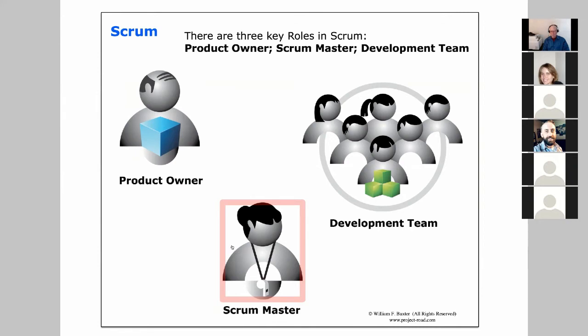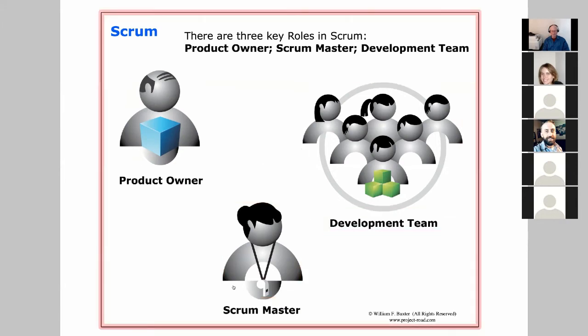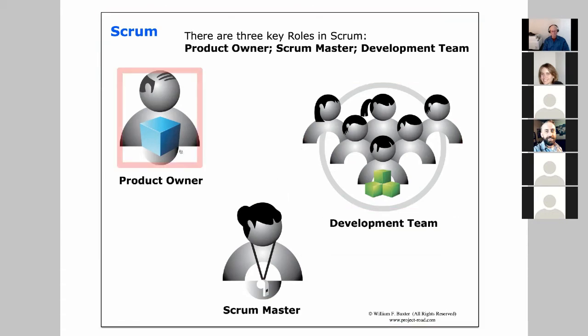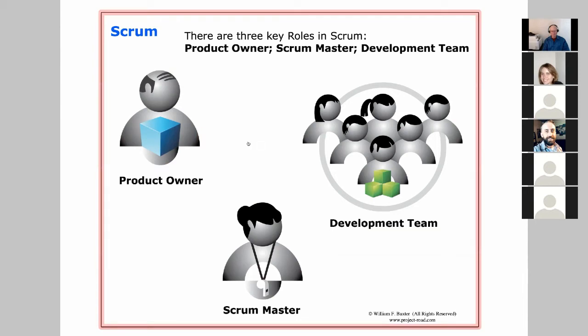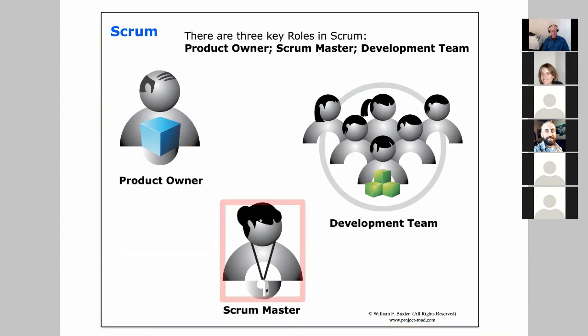It's somebody who's going to facilitate the whole interacting of all these different roles, protect the team from management meddling, point out behaviors that could be improved, and basically help the whole team interact and be as productive as possible. So very much a servant leader kind of position.